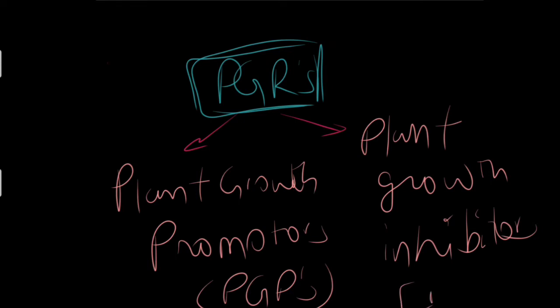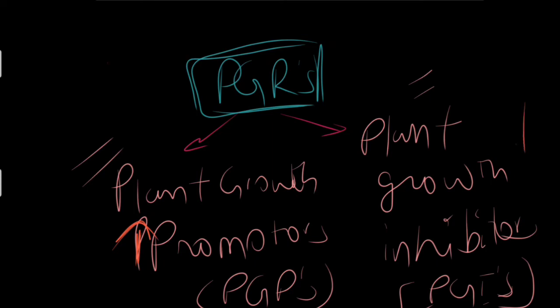They are called PGIs. So these are the two groups: plant growth promoters and plant growth inhibitors. As their name suggests, promoters are involved in growth promotion activities, and inhibitors are involved mostly in growth inhibition activities.